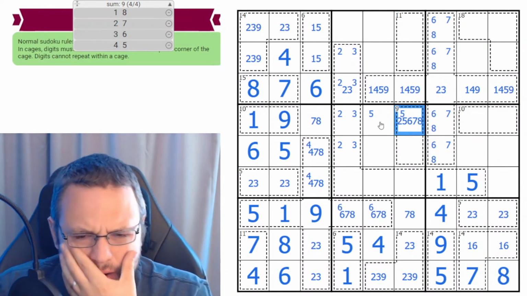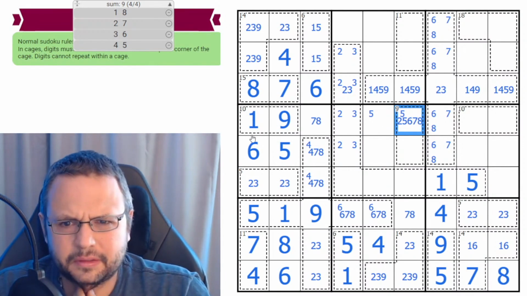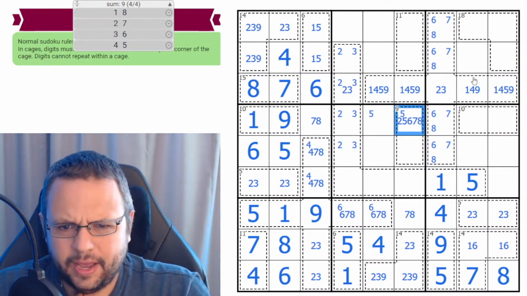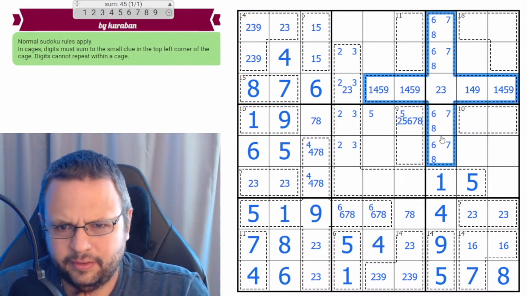Okay, I'm not seeing this. So chat is telling me that this has a 7-8 pair looking at it from the plus, which I do not quite see.